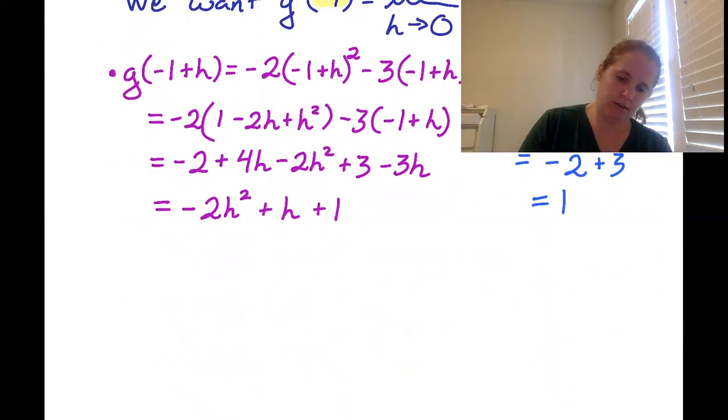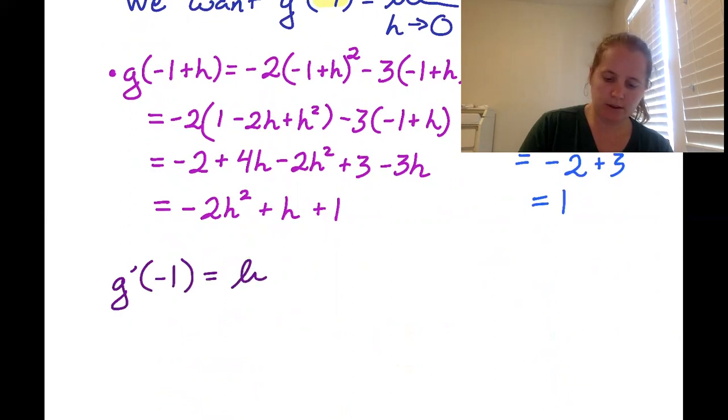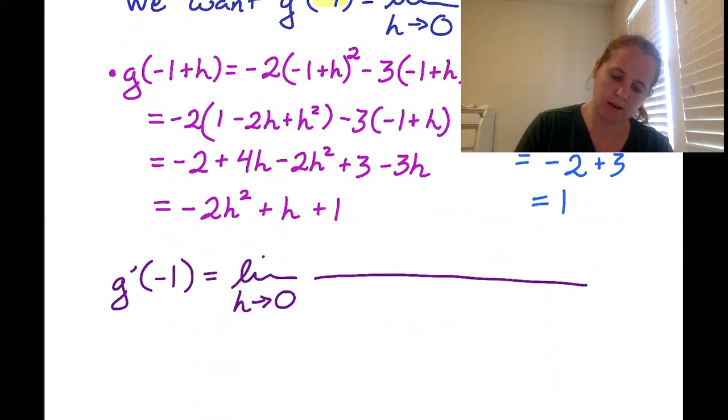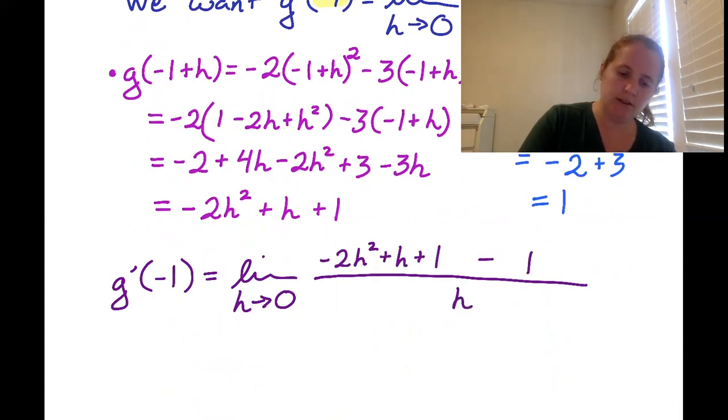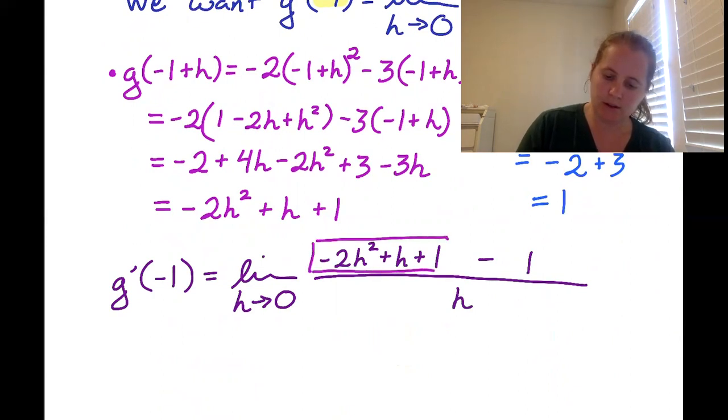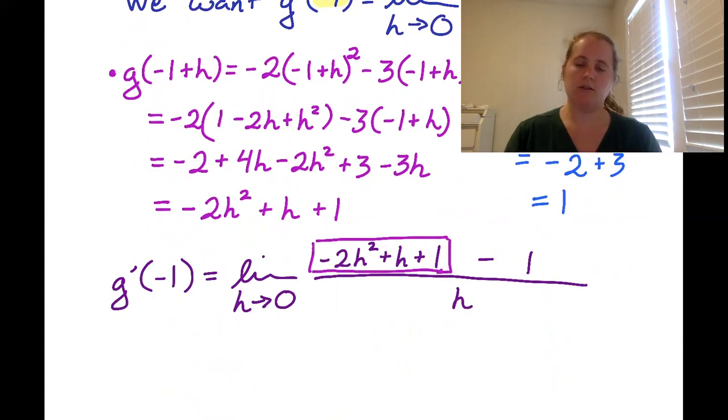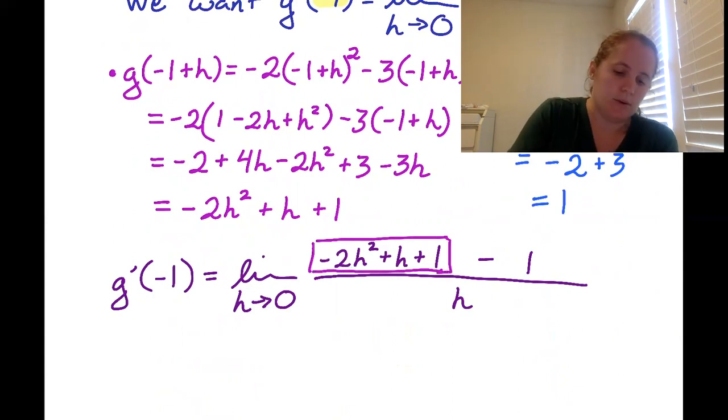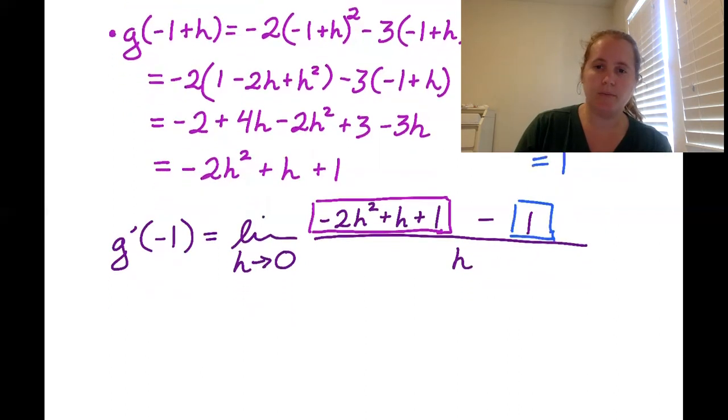So we now have g prime of negative 1 is equal to the limit as h goes to 0 of negative 2h squared plus h plus 1 minus 1 all over h. Again, the negative 2h squared plus h plus 1 is from that g of negative 1 plus h, and the 1 we are subtracting off is from g of negative 1.